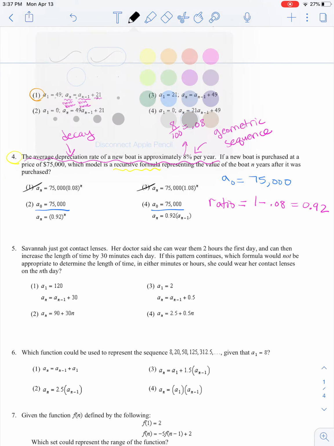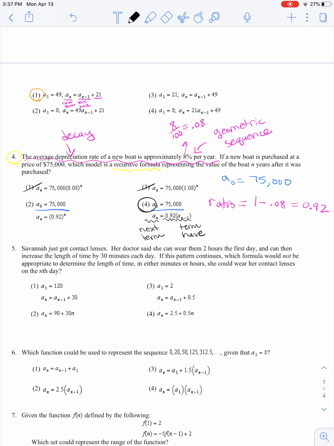So the correct answer for question number 4 should be choice 4. Because this equation is saying you want the term that you have, you're multiplying it by the 0.92, my common ratio, and that's going to give you the next term.